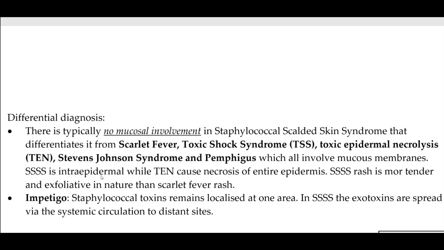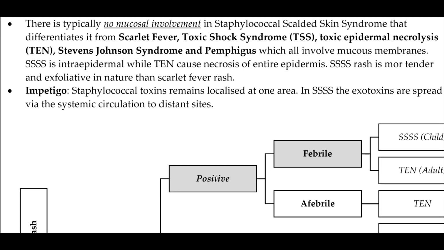SSSS is intraepidermal, while TEN causes necrosis of the entire epidermis. SSSS rash is more tender and exfoliative in nature than scarlet fever rash. In impetigo, staphylococcal toxin remains localized at one area, while in SSSS it is spread via systemic circulation, so this is more of a generalized disease.